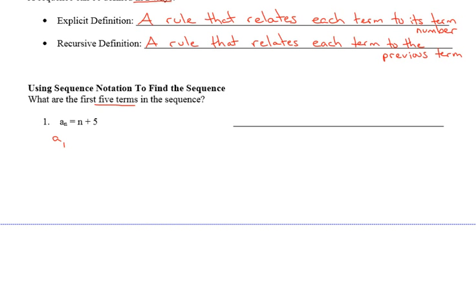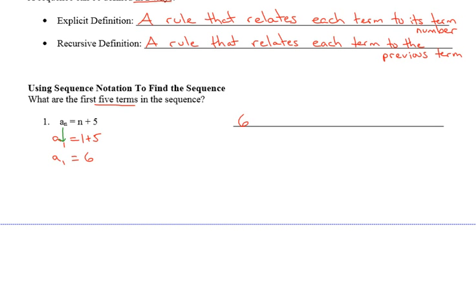What I want you to notice now is that the n is now a 1. So what I do is I substitute a 1 in for n in the rule. So A sub 1 is 6. In other words, the first number in the sequence is 6.